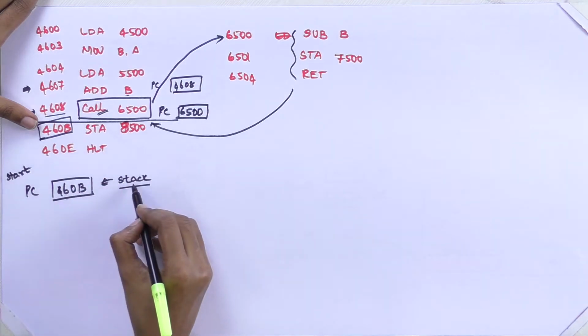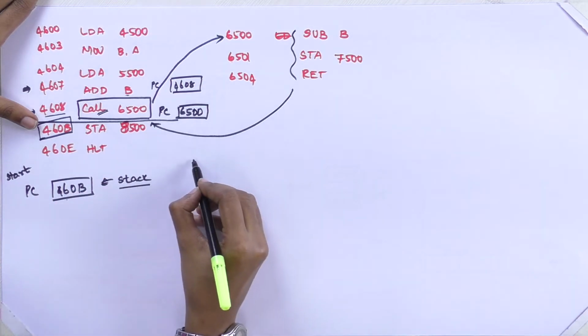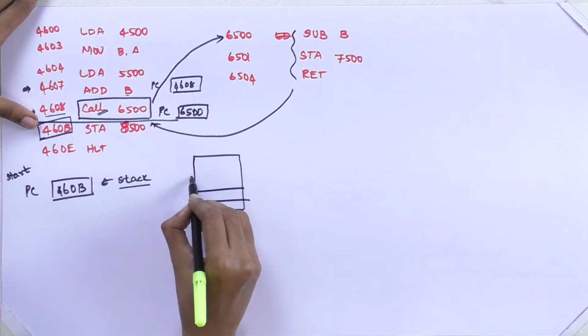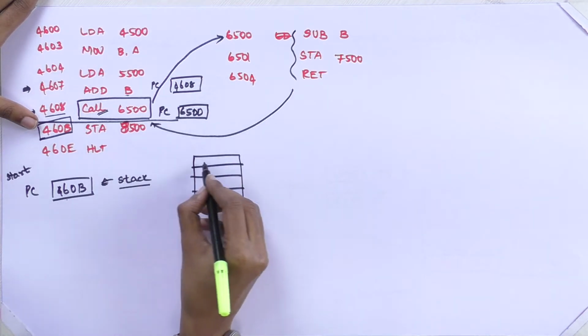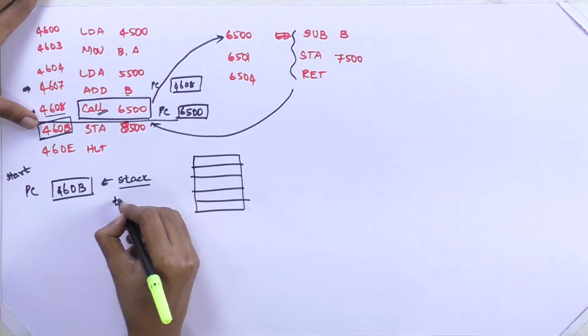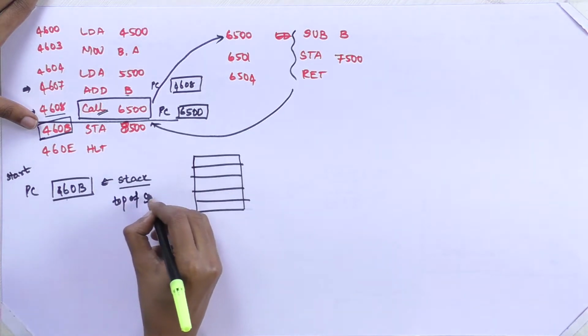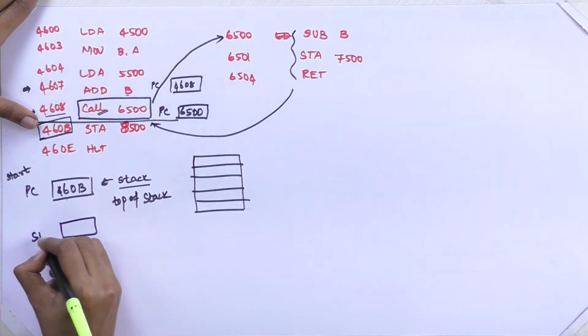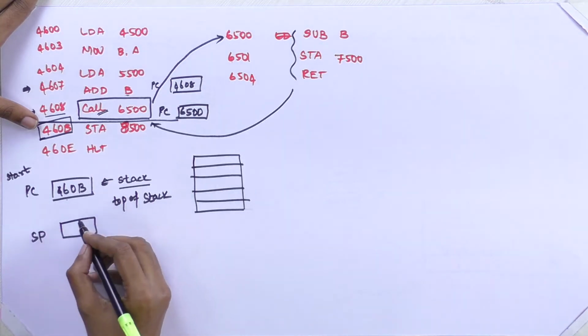The value of PC will be stored in the stack. The stack is just like the memory we have. It will store at the top of the stack. The top of stack value is stored in the stack pointer, as we have seen in the architecture.